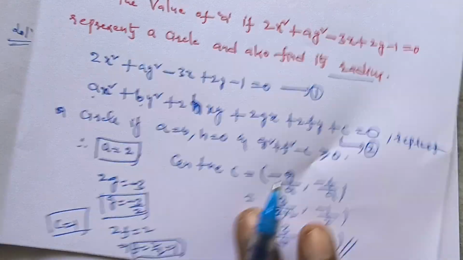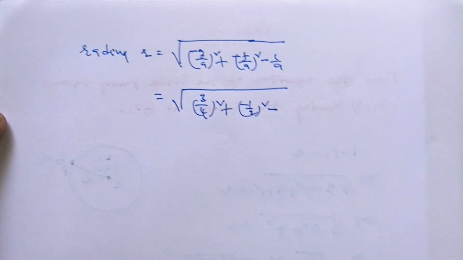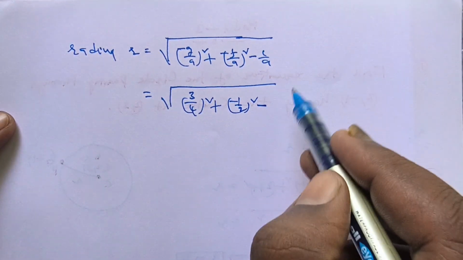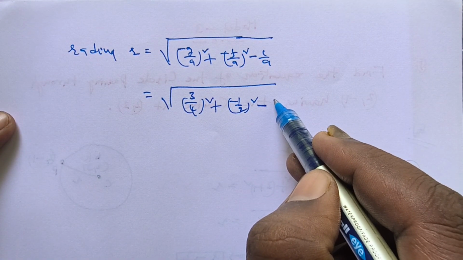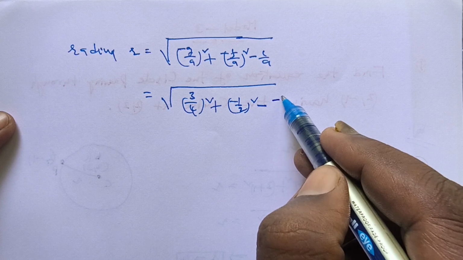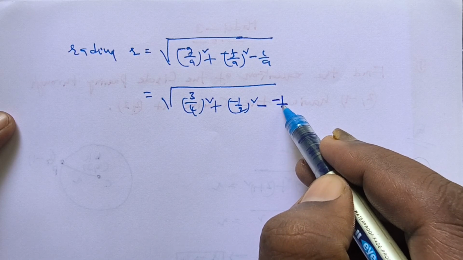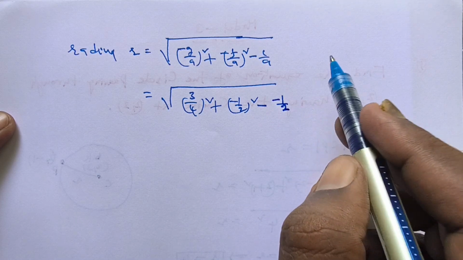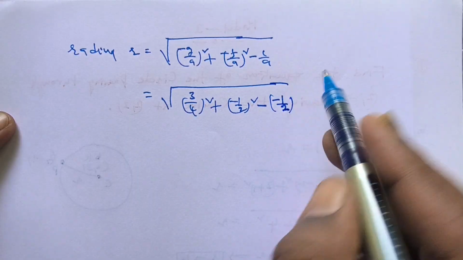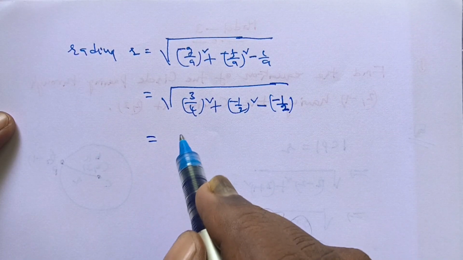What is c by a here? Here c value is minus 1, a means 2, so minus 1 by 2.